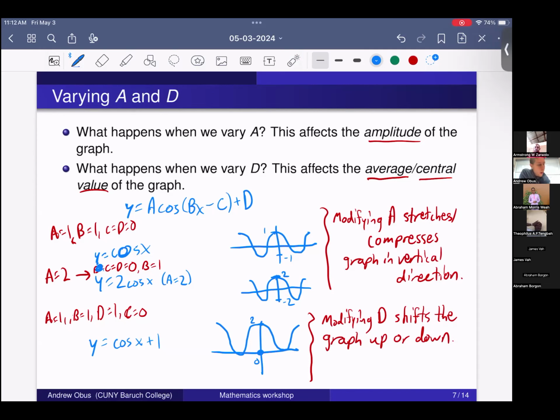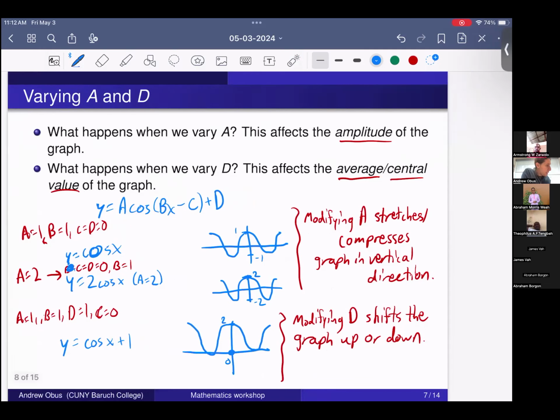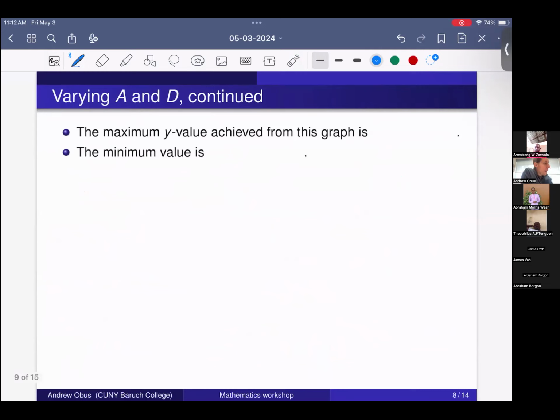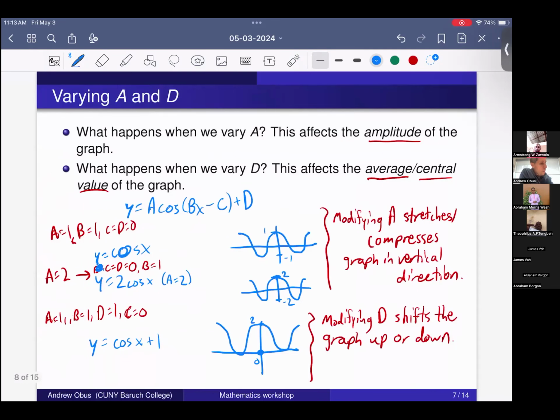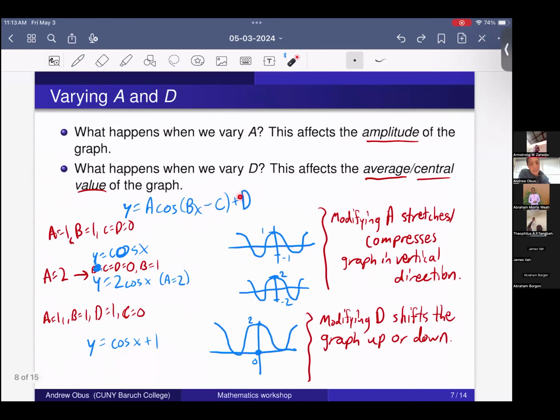Okay, so good. So let me say something else here. So what happens with A and D? So what's the maximum Y value that's achieved from the graph? Well, what's the maximum possible value here? Well, the largest that cosine of anything can be is going to be 1, right? So the largest value that this can take on is going to be A plus D, right?